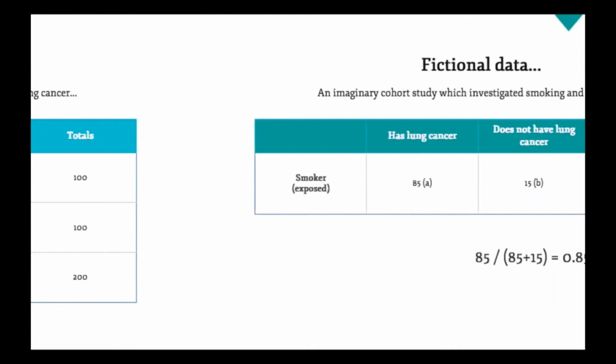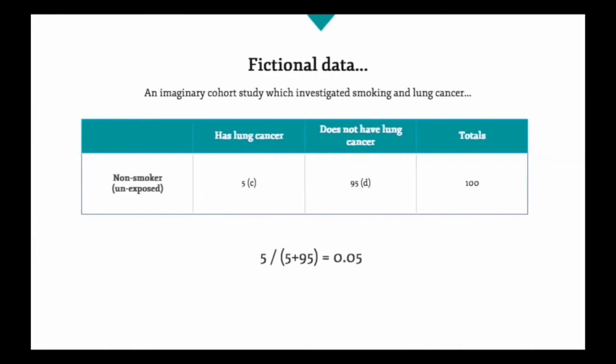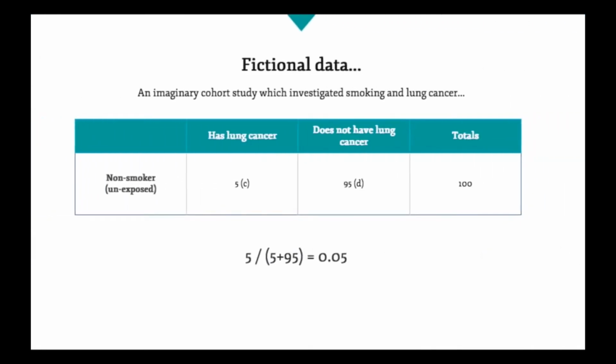To calculate the risk of developing lung cancer in the exposed group, it's A divided by A plus B, which gives 0.85. To calculate the risk of developing lung cancer in the unexposed group, it's C divided by C plus D, which gives 0.05.